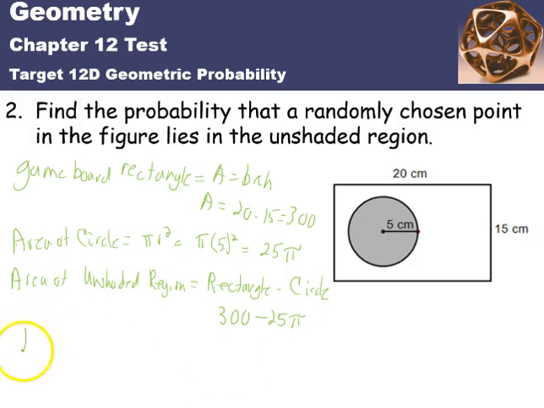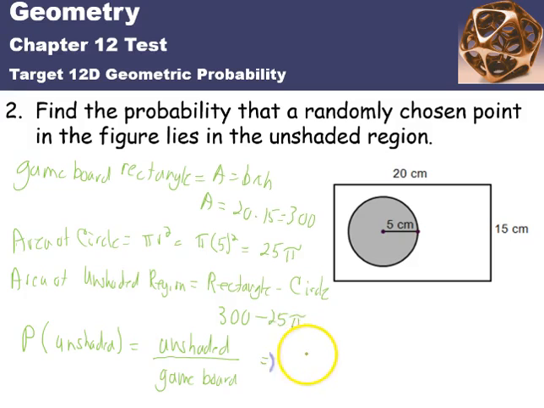So now the probability of selecting a point from the unshaded area is the unshaded area divided by the area of the whole game board. And in this case, that's 300 minus 25 pi divided by the whole game board, which is 300.